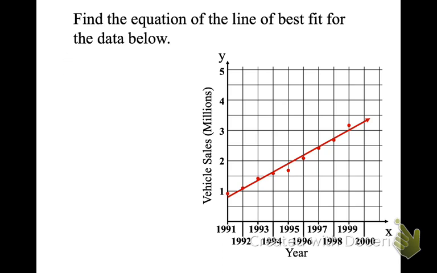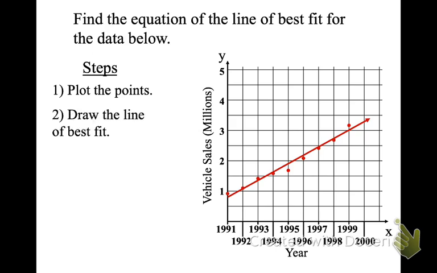One more time, when we're doing a line of best fit, we plot the data, we plot the points, then we draw our line of best fit, and then we grab 2 points off that line, preferably pretty far apart. They can be one of the real data points, or they could be just a point on that line.